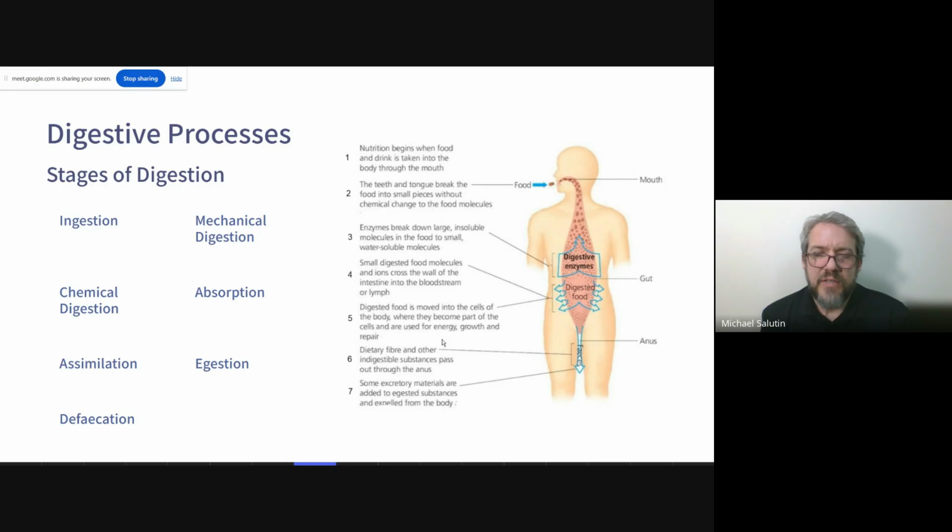Okay, and that all happens through the capillaries, both at the absorption site where it's picking up those nutrients, and then again at the assimilation site where those nutrients are being picked up from the bloodstream into the individual cells. Okay, the next stage now is where the rest of it goes, which is what doesn't go into the bloodstream and what can't be digested.